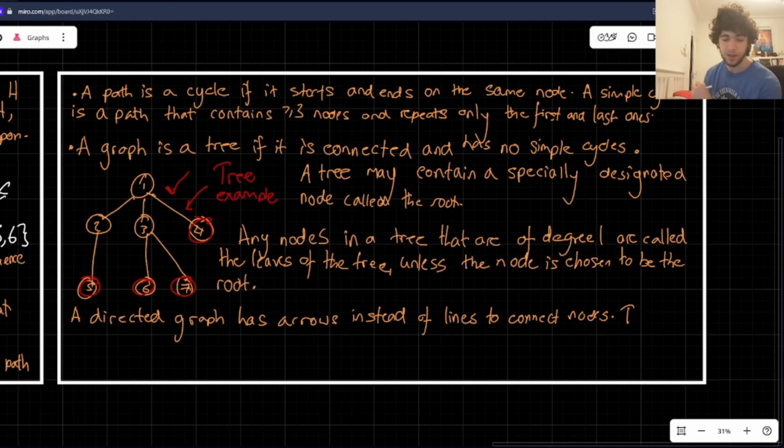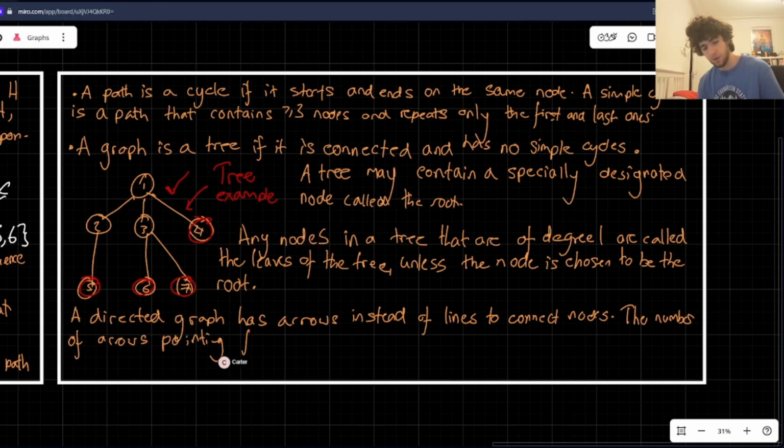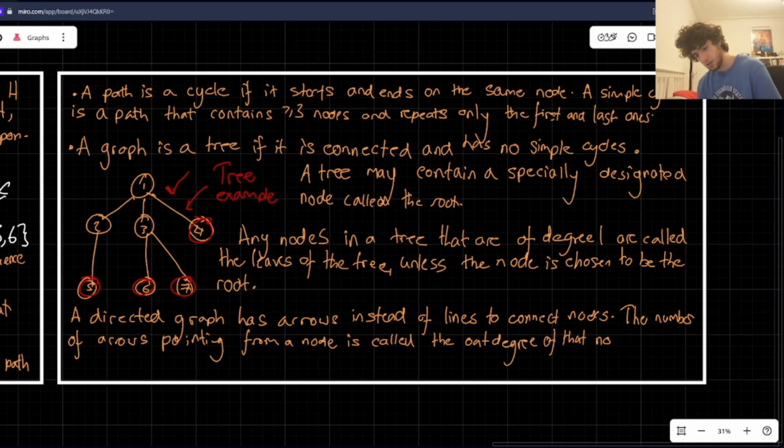There's also some other terminology. The number of arrows pointing from a node is called the out degree of that node, and the number of arrows pointing to a particular node is the in degree.